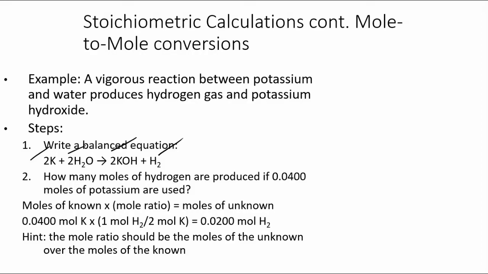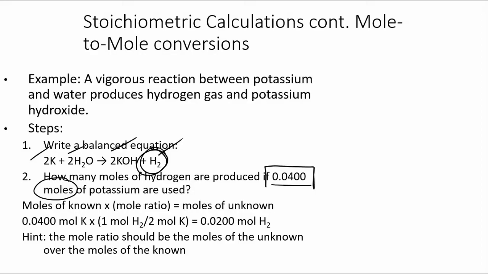So the question goes like this: how many moles of hydrogen are produced if 0.0400 moles of potassium are used? So ang tinatanong natin, gaano karaming hydrogen ang mapoproduce kung ang ginamit natin na potassium ay 0.0400 moles.